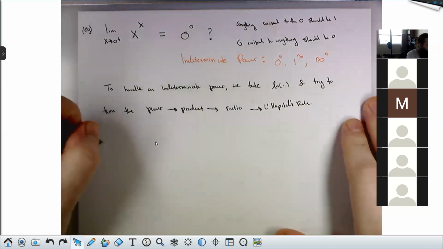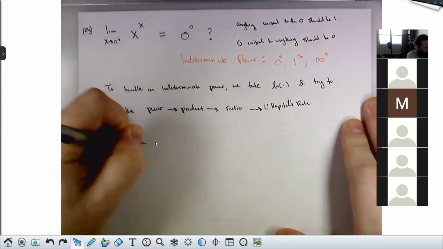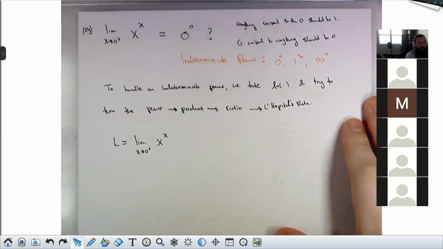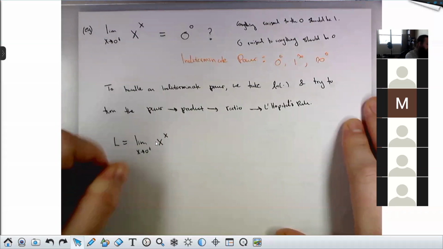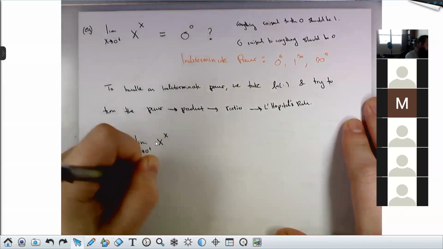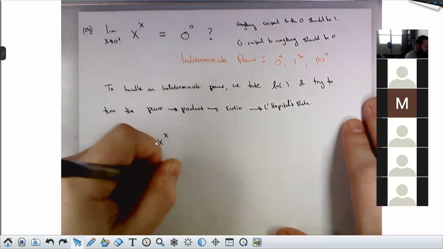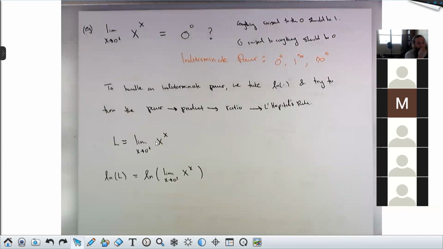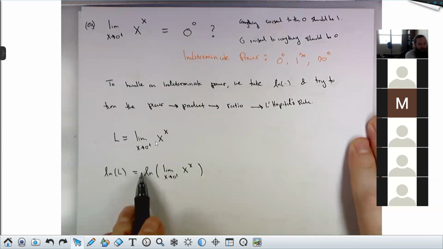All right. So let me say L is the limit as x goes to 0 plus of x to the x. I'm going to take the natural log on both sides. On the right-hand side, I can pop the limit out of the log.